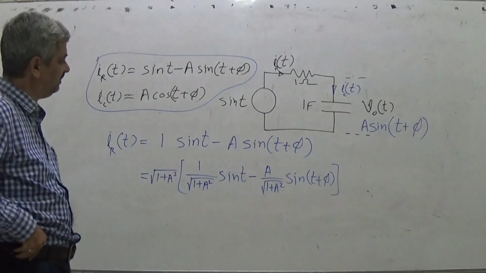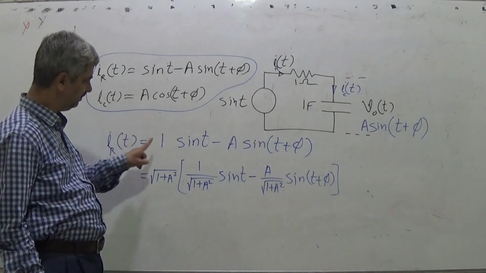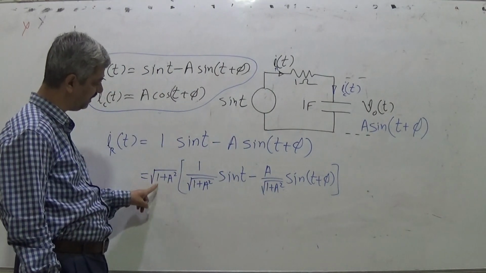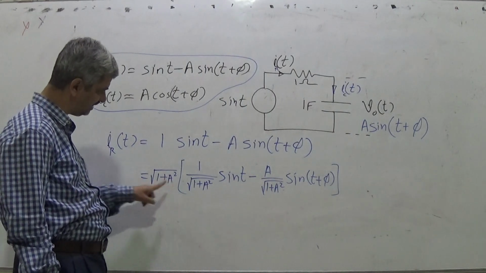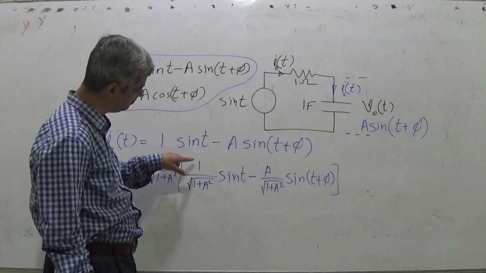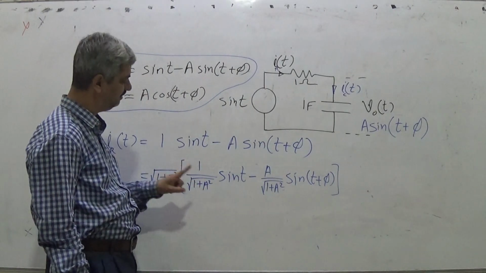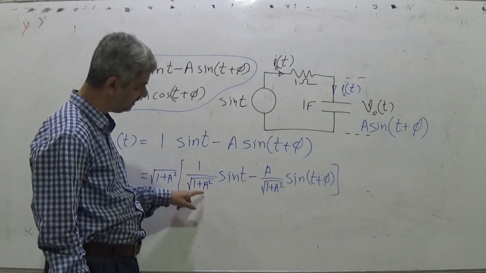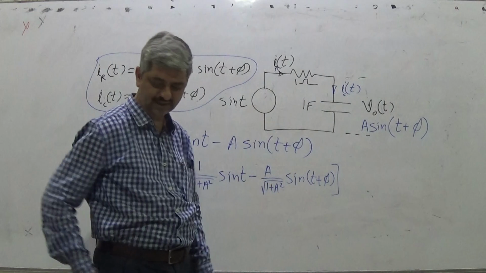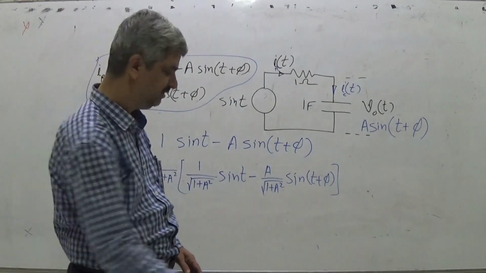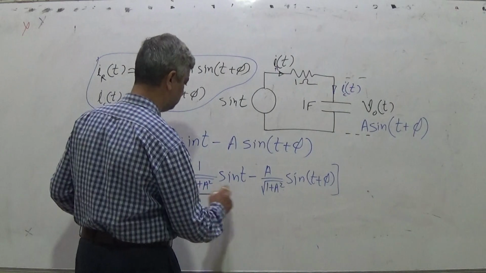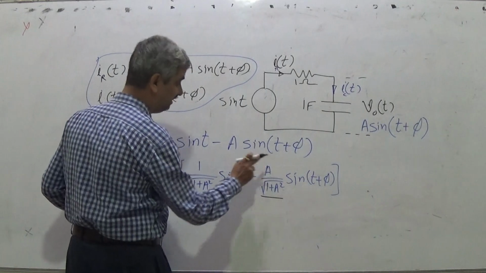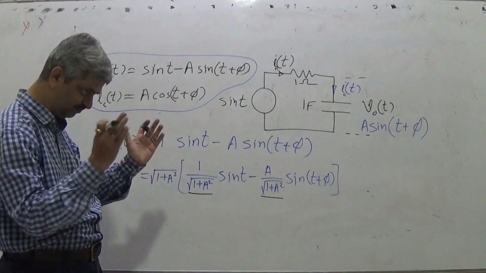So what I achieved here: with 1 and A, √(1 plus A square), I have multiplied and divided. So I have got two terms, 1 upon √(1 plus A square), where 1 is a real number and A square is a real number, and A upon √(1 plus A square). So I am sure now that both of these numbers, 1 upon this and A upon this, will be between the range of ±1.